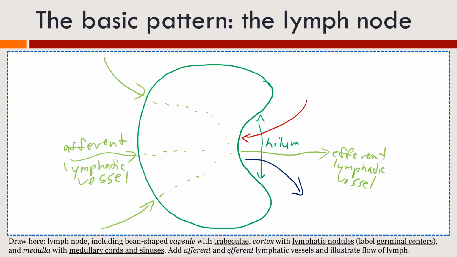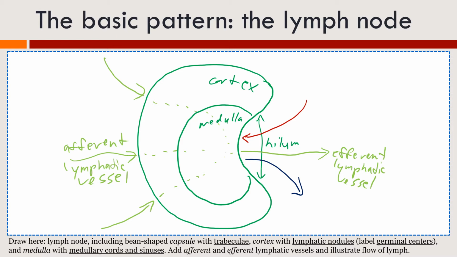The other thing that almost all bean-shaped organs have in common is that their internal area is divided into a cortex and a medulla. The cortex and the medulla have different structures and almost always have different functions as well.